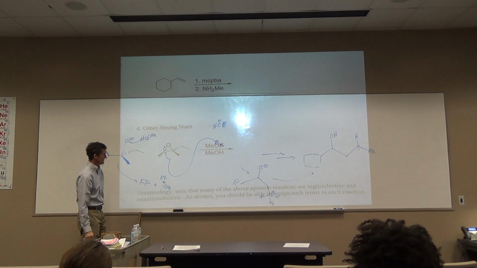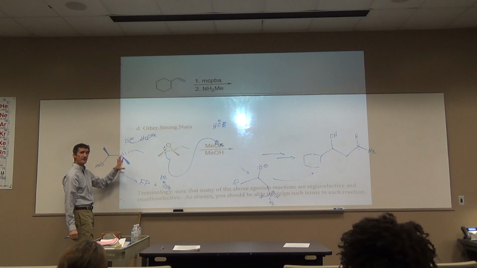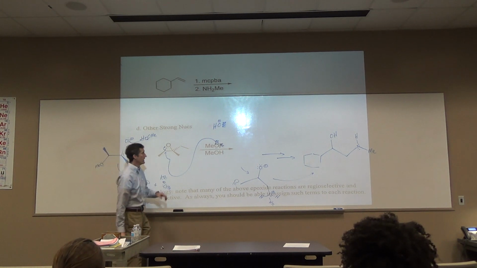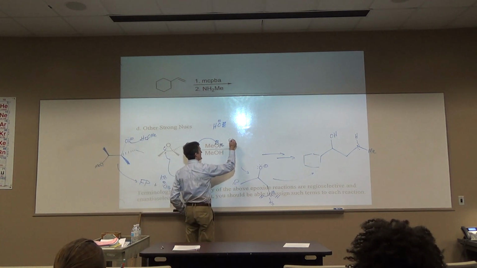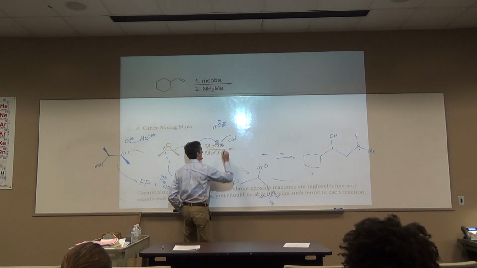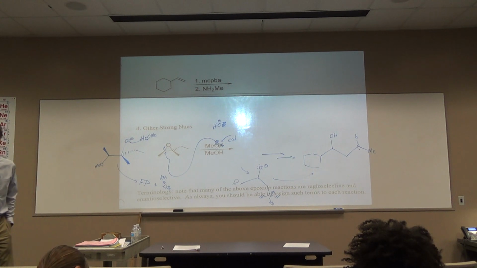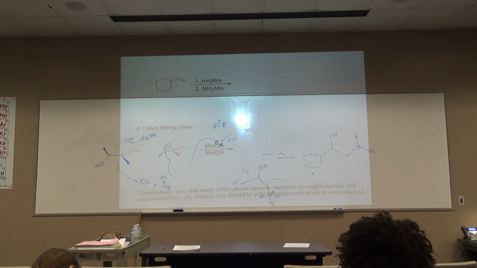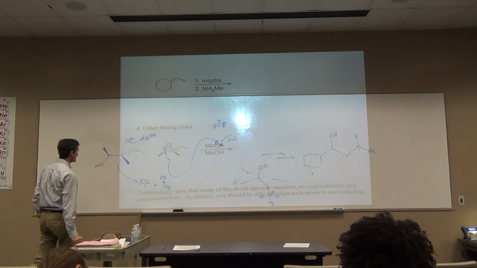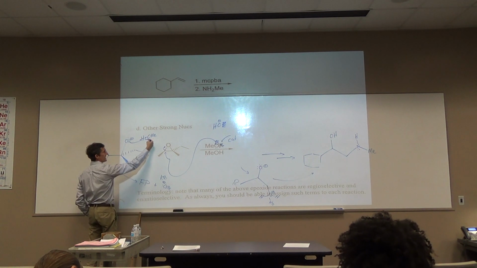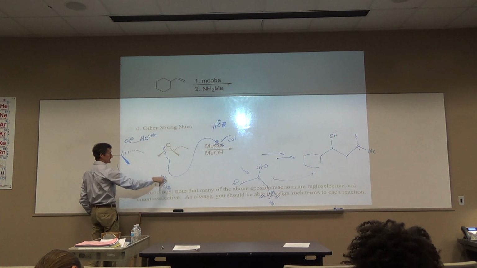So actually, we're just adding methanol to the epoxide. The potassium methoxide is a catalyst here, where it's going to be regenerated, right? You're regenerating the methoxide right here when this takes an H.